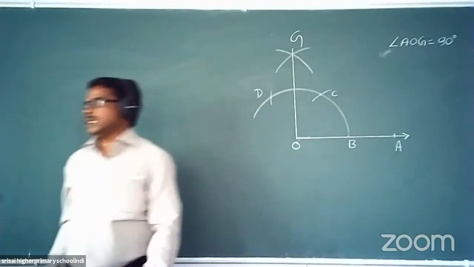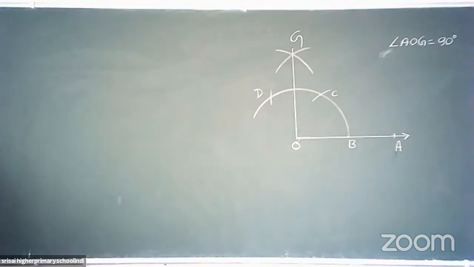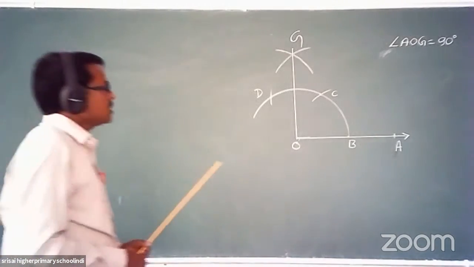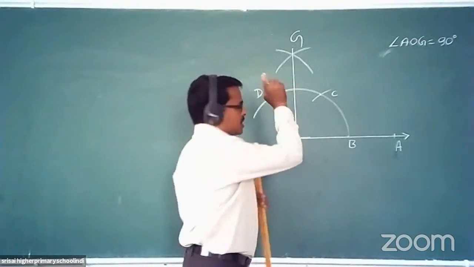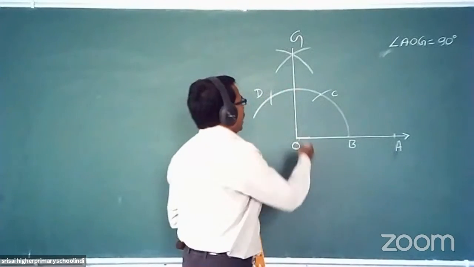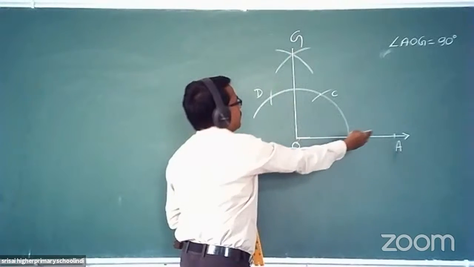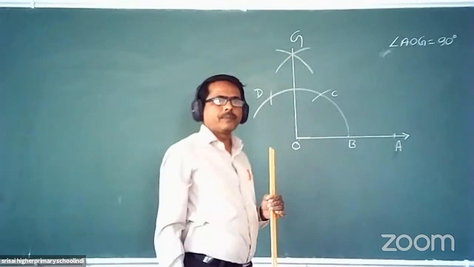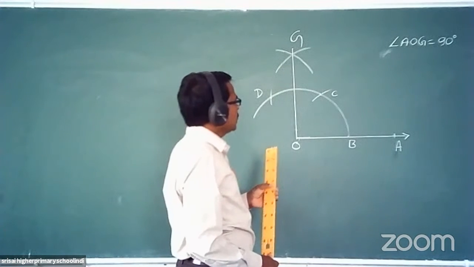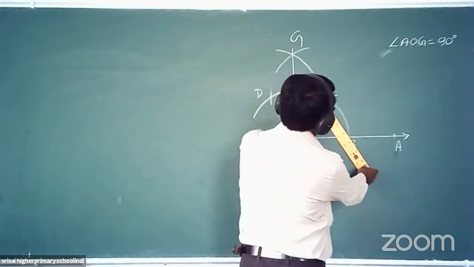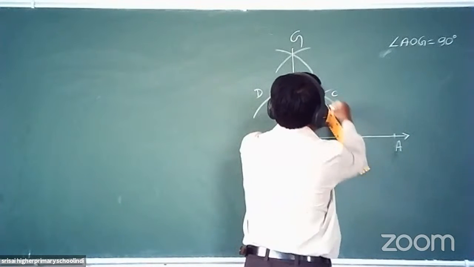Next, theory: how this works, if we want to write, means justification. Justification means how this becomes 90 degrees. We constructed this way, but how did angle AOG become 90 degrees? Theoretically, we should now prove it. So to do that, join BC.